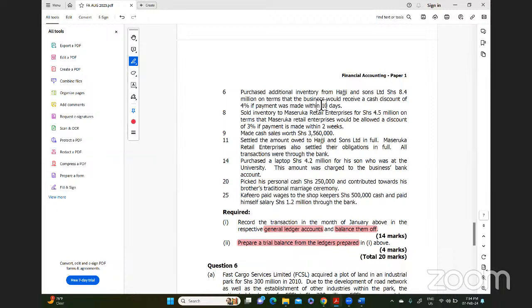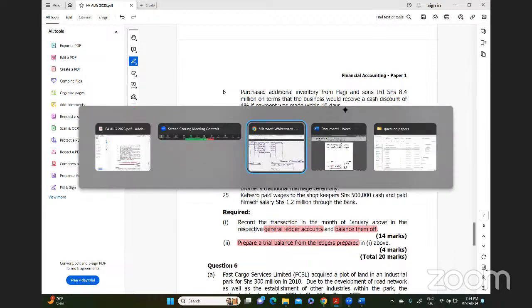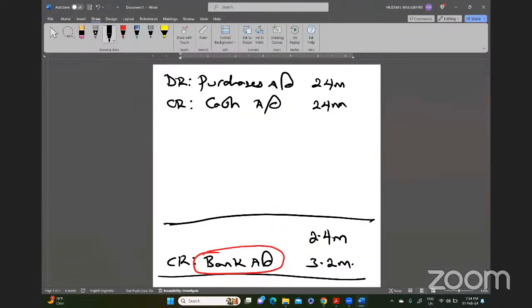Payment was made within 10 days. So meaning this was a credit transaction, isn't it? No cash was exchanged. And hence what is the double entry?